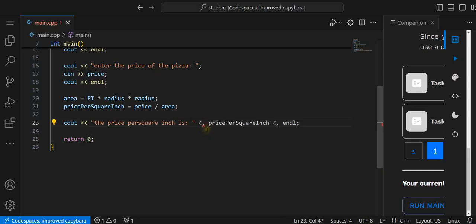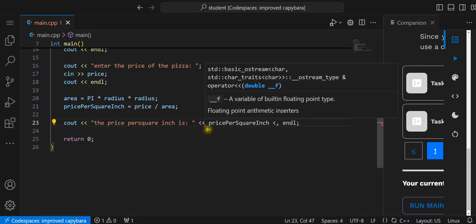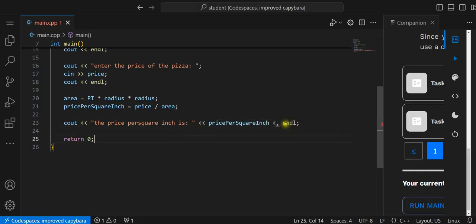Got a little extra in there. Hit the shift key. That's clear. Another twice. Alright, now we got those faults cleared up.